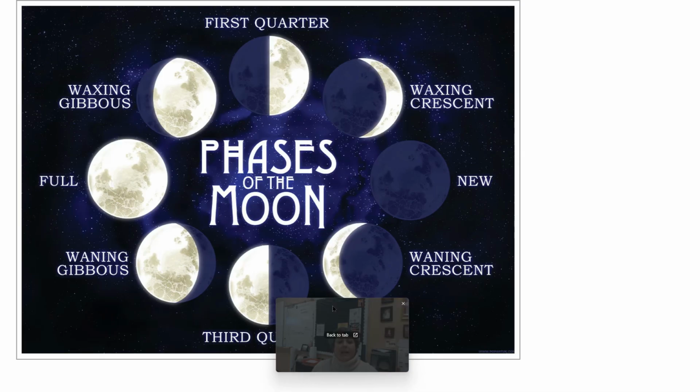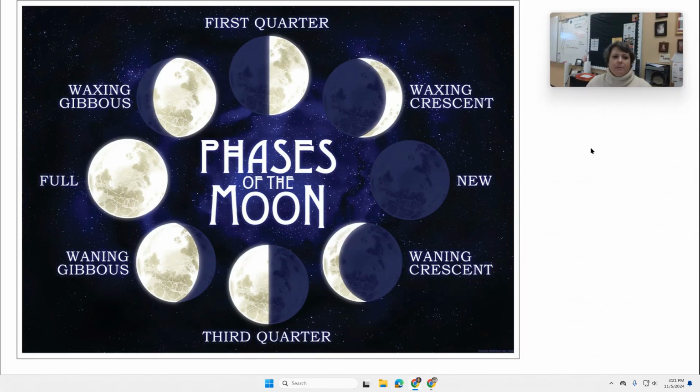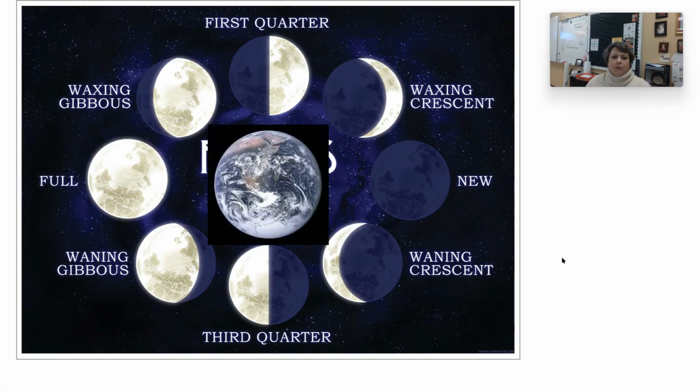All right. So we have this. This is the phases of the moon. We are in the middle, right? Is this to scale? No, it's so not to scale. The moon's almost as big as the Earth. Okay. So not to scale. So we're going to start over here when we see a new moon. Okay.